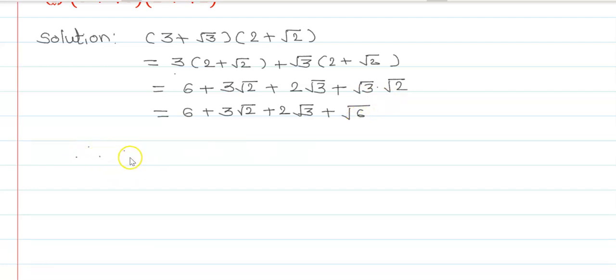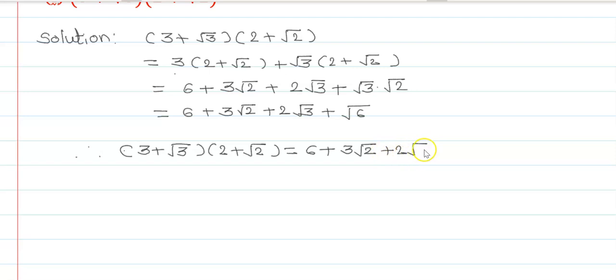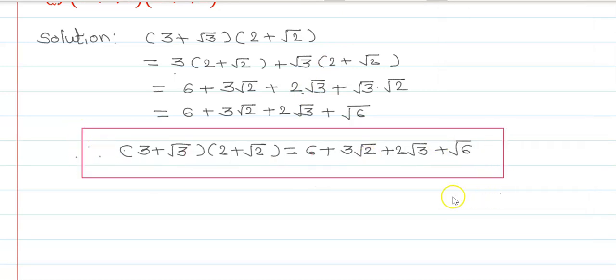Hence the answer: 3 plus root 3 into 2 plus root 2 is equal to 6 plus 3 root 2 plus 2 root 3 plus root 6. So this is the answer.